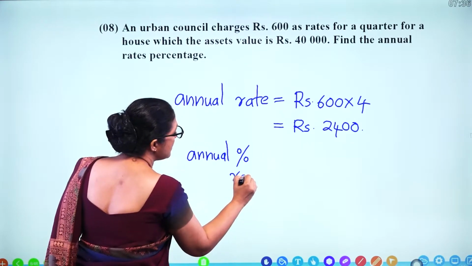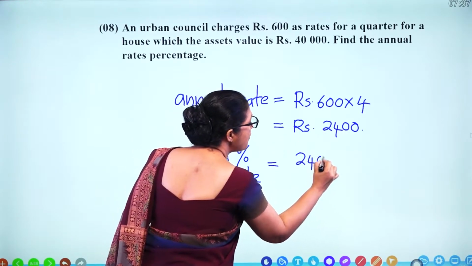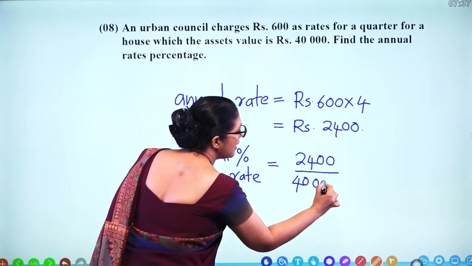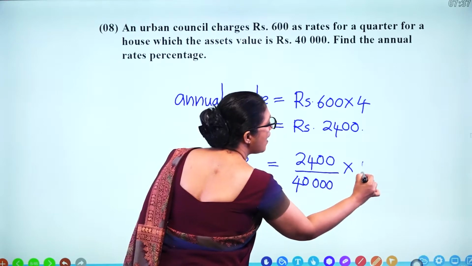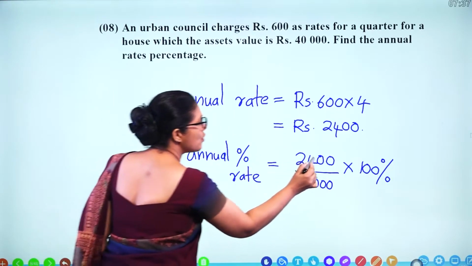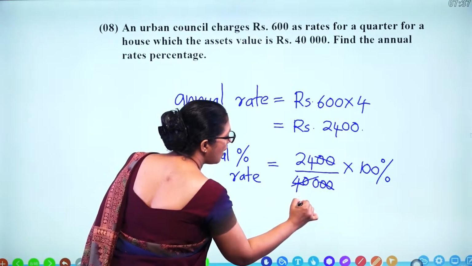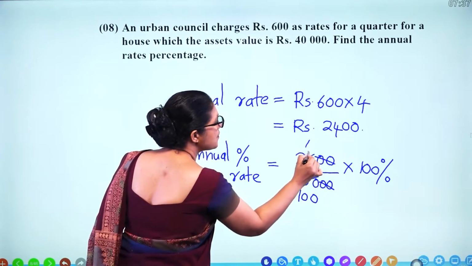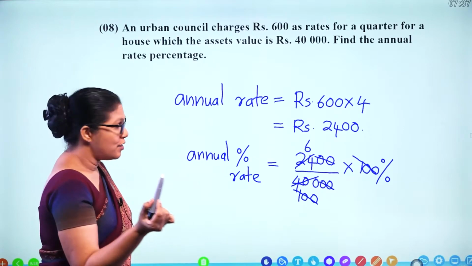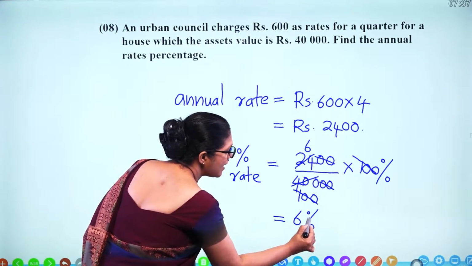Percentage rate is equal to, you are paying 2,400 rupees for 40,000 rupees, and multiply by 100%. Now see, 2 zeros get cancelled out and divide by 4, 100, and this becomes 6. So this 100 and this 100 get cancelled out and you get 6% as the annual percentage rate.